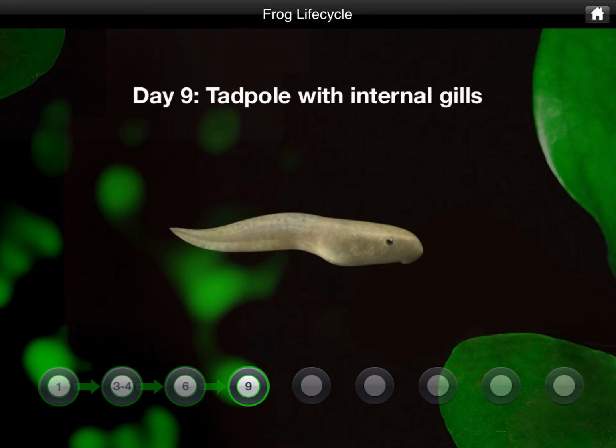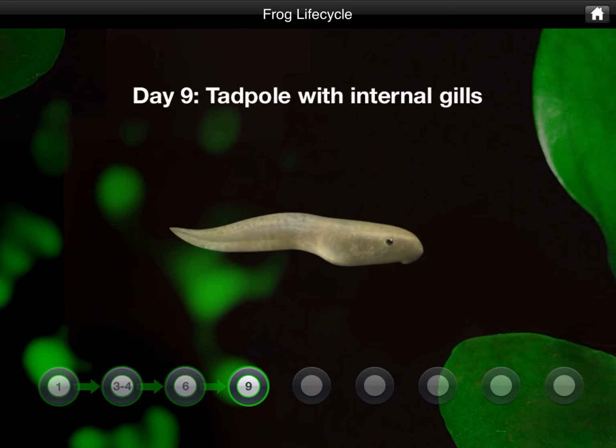If you live in a development that has a retention pond, maybe you've seen tadpoles swimming around. The ones I've always seen have been black in color, but this one seems to be white in color. Anyway, the key thing there says a tadpole with internal gills. So it has gills that allow it to get oxygen, because every animal needs oxygen to survive.